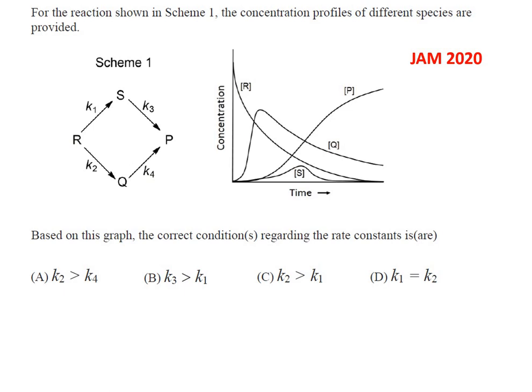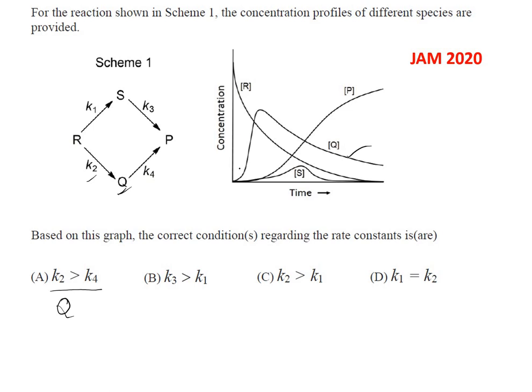So the variation of concentration of all these P, Q, R, S are given in this figure, along with the rate constants for every step, so you have to check one by one the options. K2 greater than K4. So K2 is involved here, that means Q, and K4 also involves Q. So you have to focus on the concentration of Q. Now this means this figure.